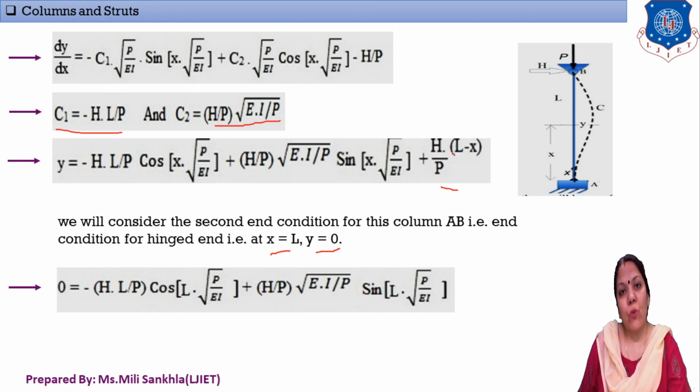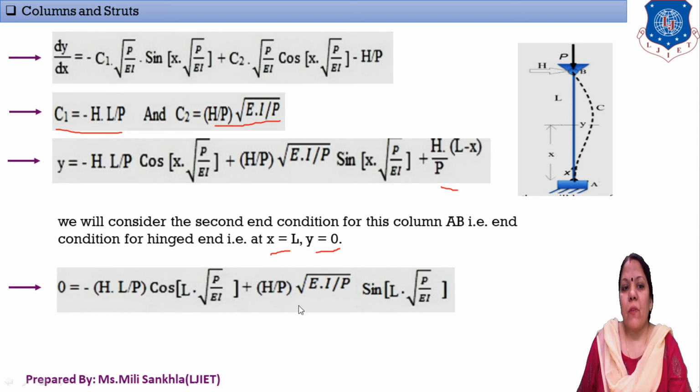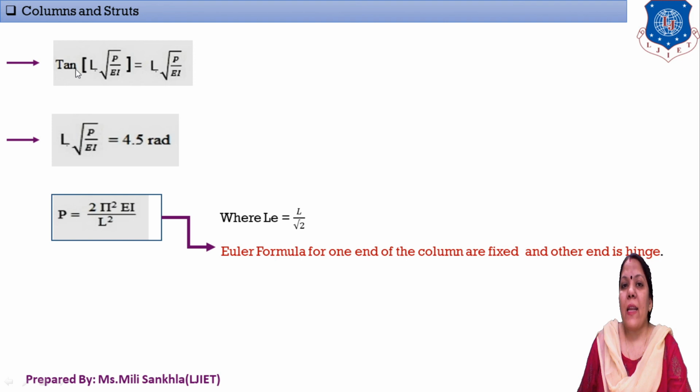Now after solving this equation, this minus term is shifted from right to left, it is converted into positive, then this sin divided by cos is converted into tan.